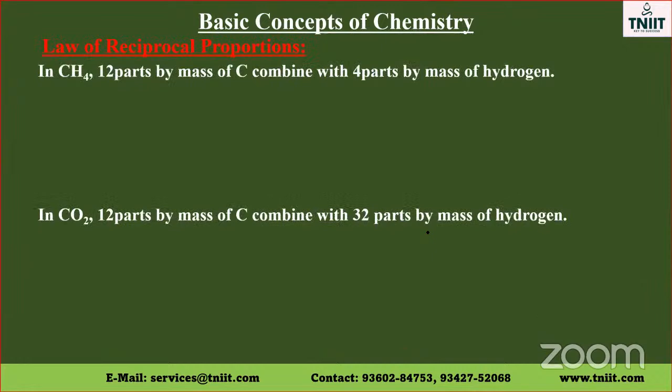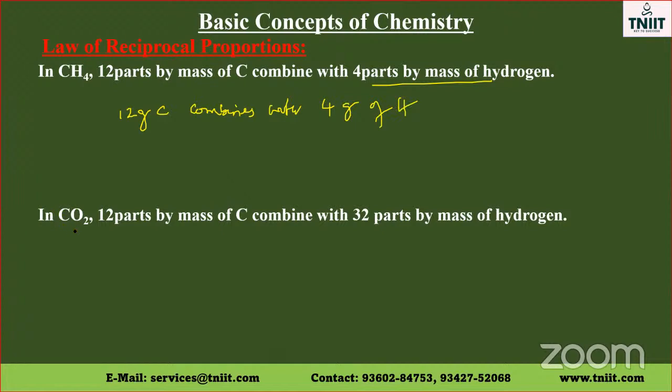Take the second illustration. In methane, 12 parts by mass of carbon, or 12 grams of carbon, combines with 4 parts by mass of hydrogen, or 4 grams of hydrogen.